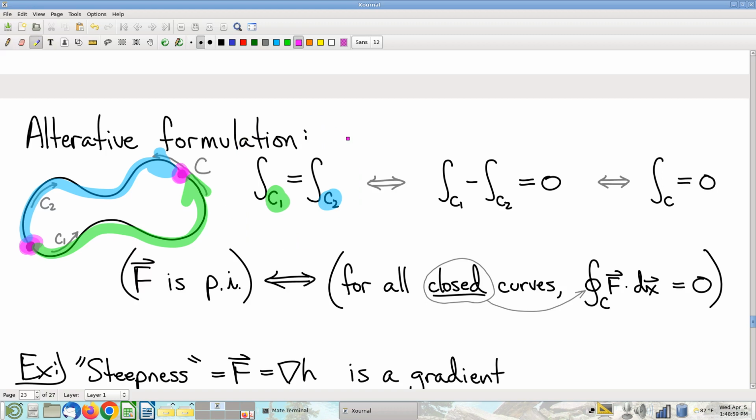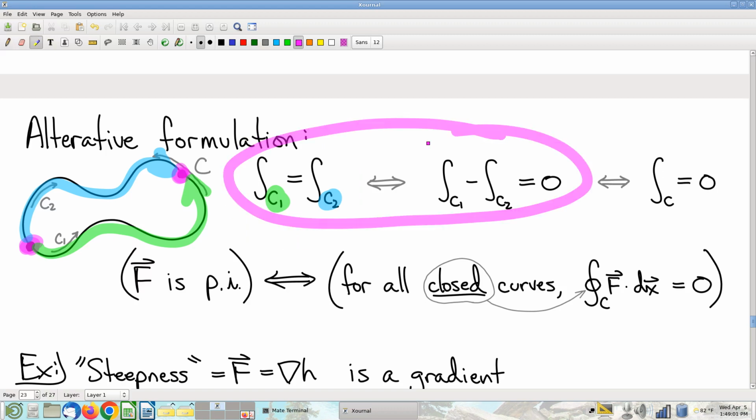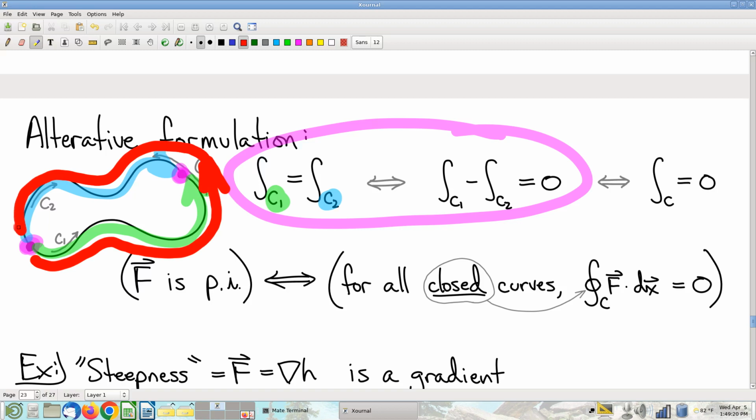Alternatively, that would be really literally the same statement, I need their difference to be 0. It means that their line integrals are the same. So, okay, but look at this. We could now consider what happens if I move along this curve that follows C1 and then just keeps on going, moving backwards along C2.